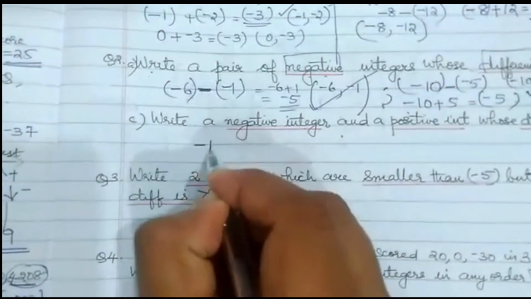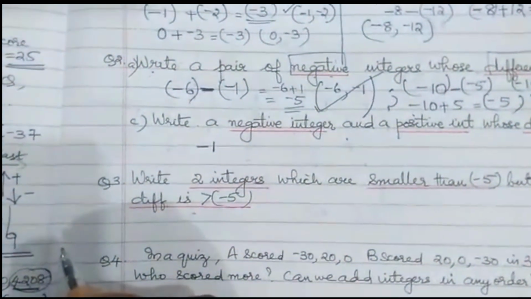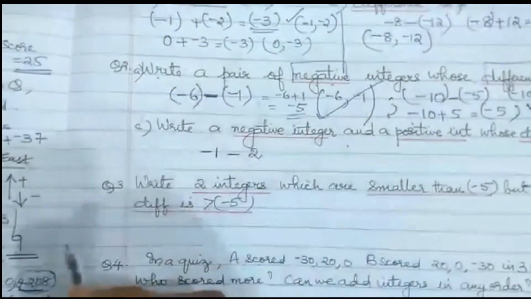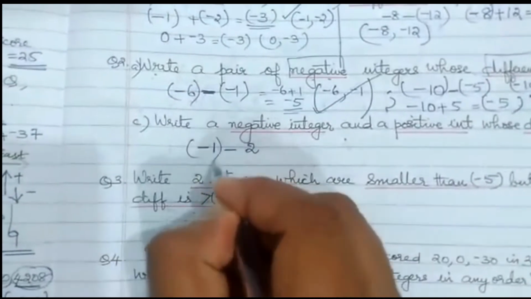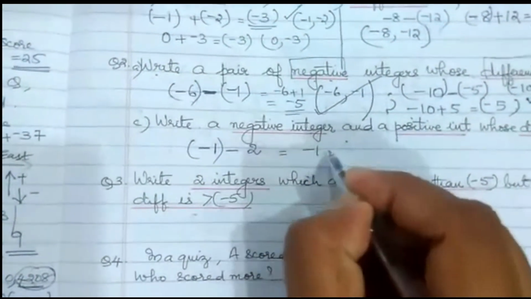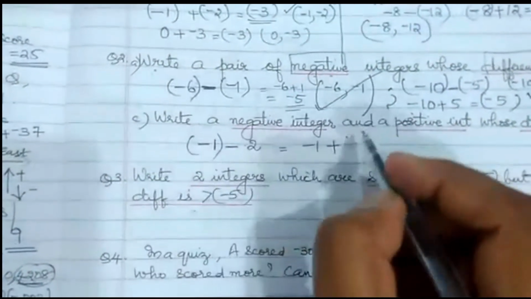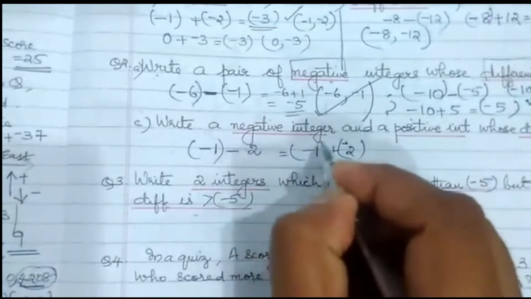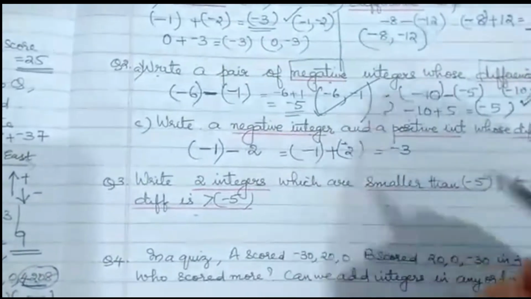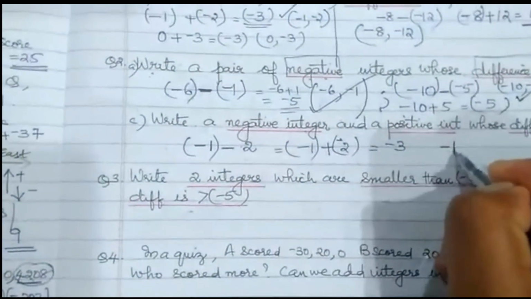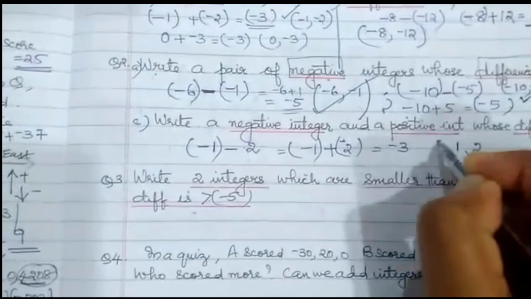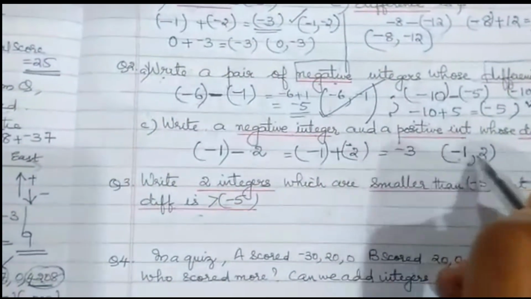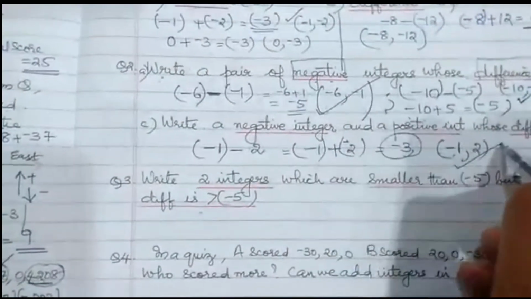So if I am taking minus 1, it is a negative integer, then 2. What is it? Minus 1 minus 2 is minus 1 plus the additive inverse of 2, which is minus 2. So the answer is minus 3. So which is that pair? Minus 1 and 2. You have a negative integer and a positive integer, whose difference is minus 3.